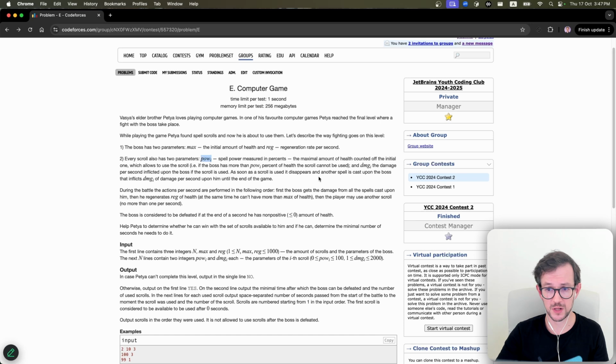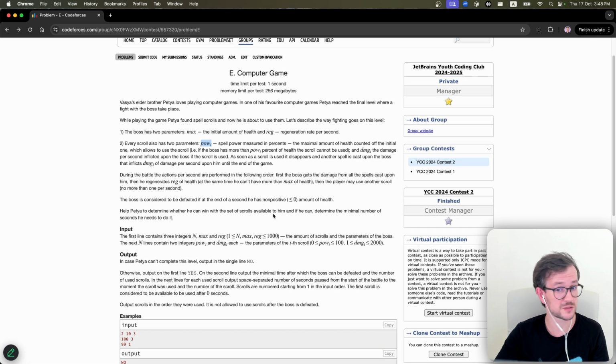So I can apply the spell when the amount of health is not bigger than something. It's given in percent. Okay, why not? So every spell can be applied when the boss has no more than the corresponding amount of health. And when you cast this spell, it starts to deal this amount of damage. So every second it produces the same amount of damage.